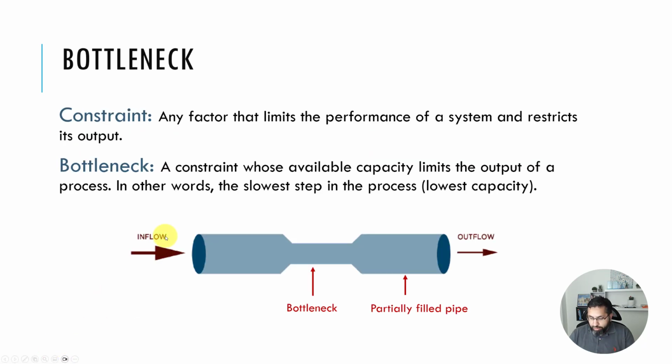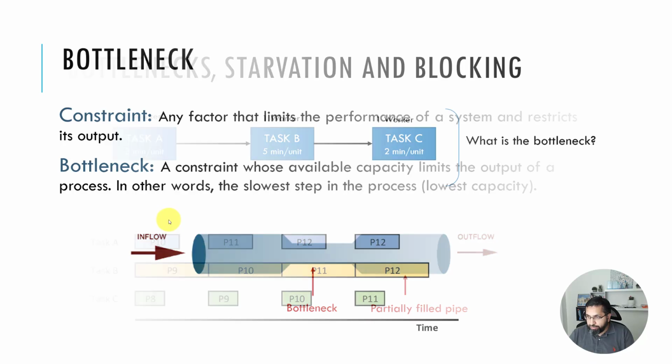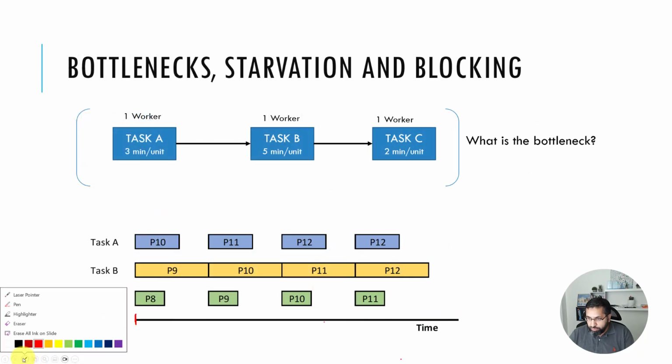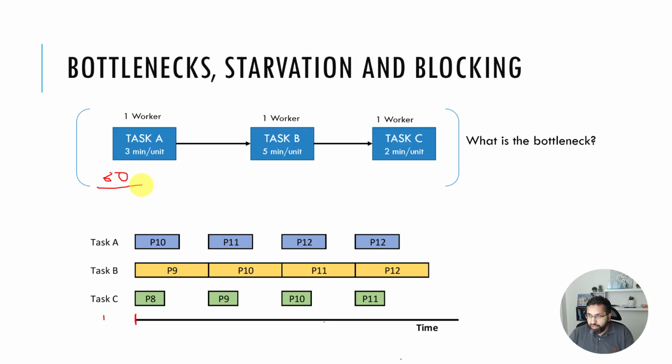Okay, let's write down the capacities. So let's do capacity per hour. So how much can task A produce in 1 hour? Well, 1 hour is 60 minutes. Every 3 minutes we produce a unit. So 60 over 3 would give me 20 units per hour.